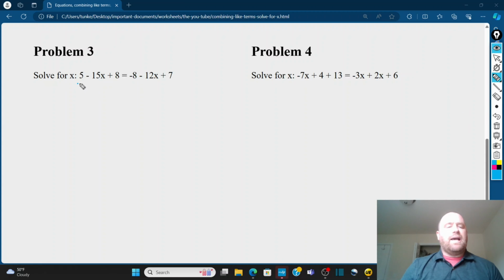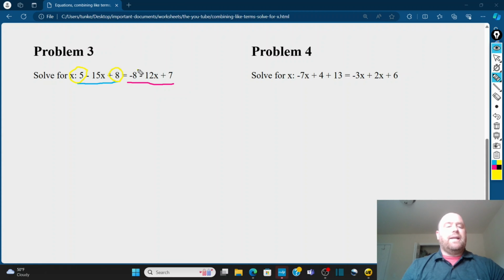So we've got 5 minus 15x plus 8 equal to negative 8 minus 12x plus 7. Okay, so what terms are like each other on the left-hand side? Well, 5 is like 8.